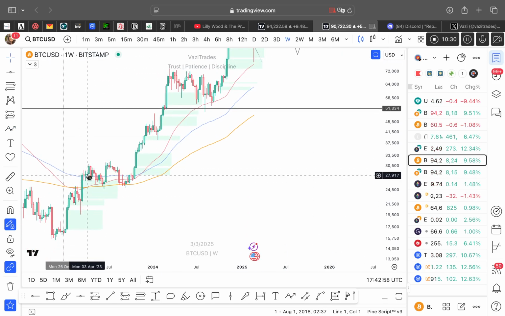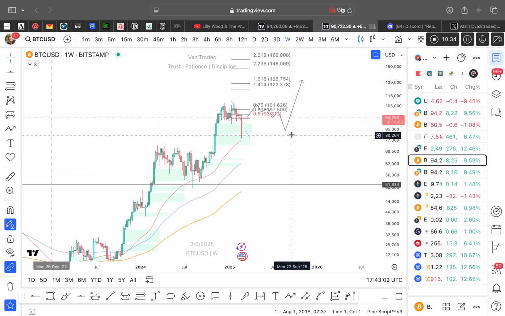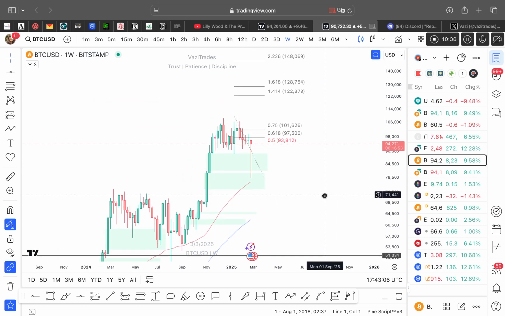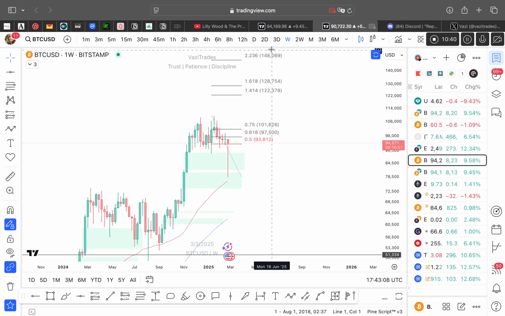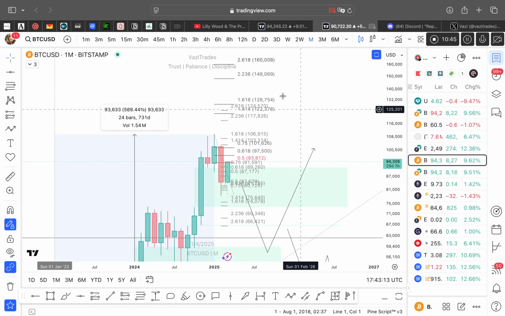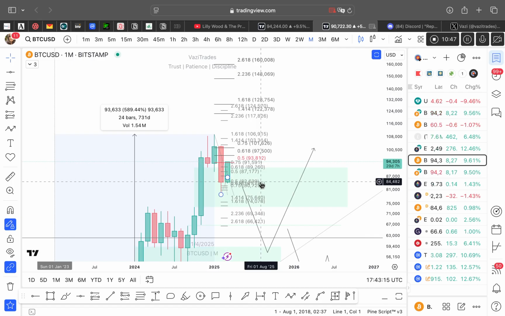Same as it did here. So yeah, this is one of the possibilities. Just a second. Oh my god, it's so messy here.